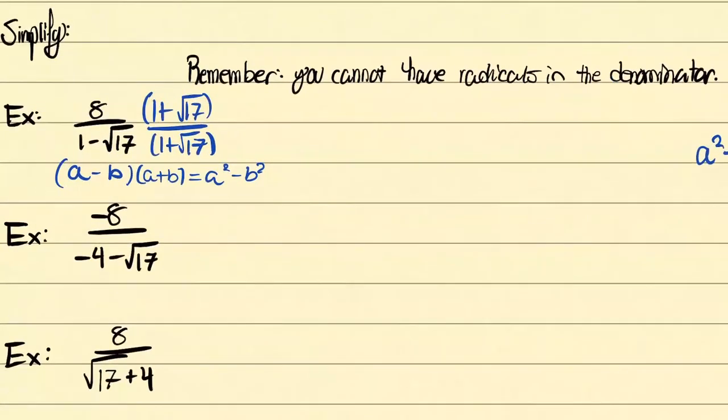So now based on this formula, I'm going to get 8 times the quantity. Be careful with your parentheses. Whenever you multiply by a sum or difference of things, you always want to make sure you have parentheses around. But what happens is, when I multiply the denominator, I get 1 squared minus root 17 squared.